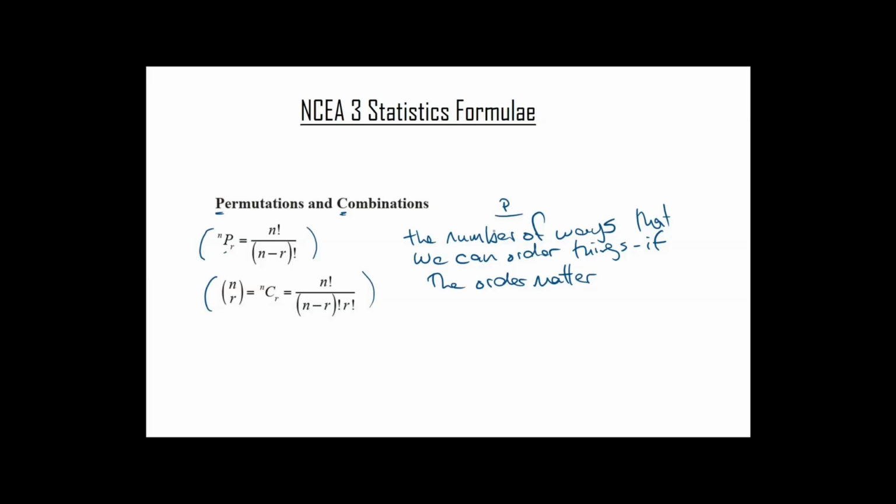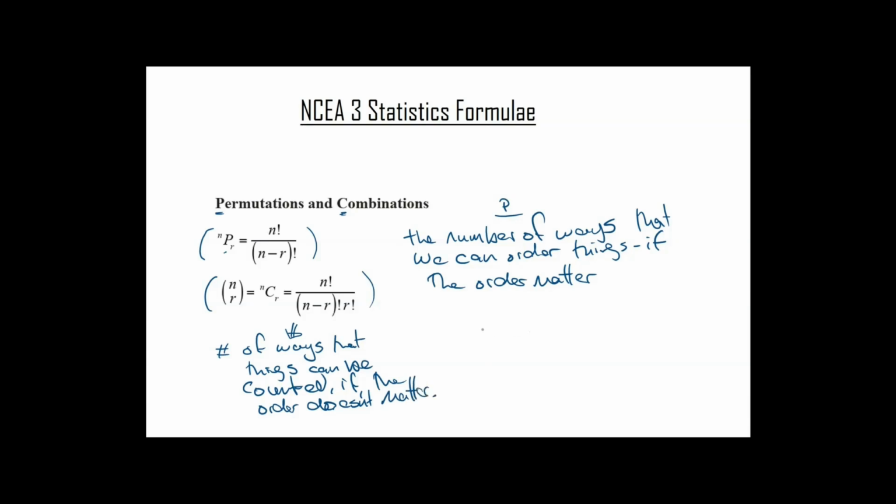We would use a permutation. So the way that I remember it is that permutations are picky. They're picky about the order that things are done. Combinations are when we want to find the number of ways that things can be counted or collected if the order doesn't matter.